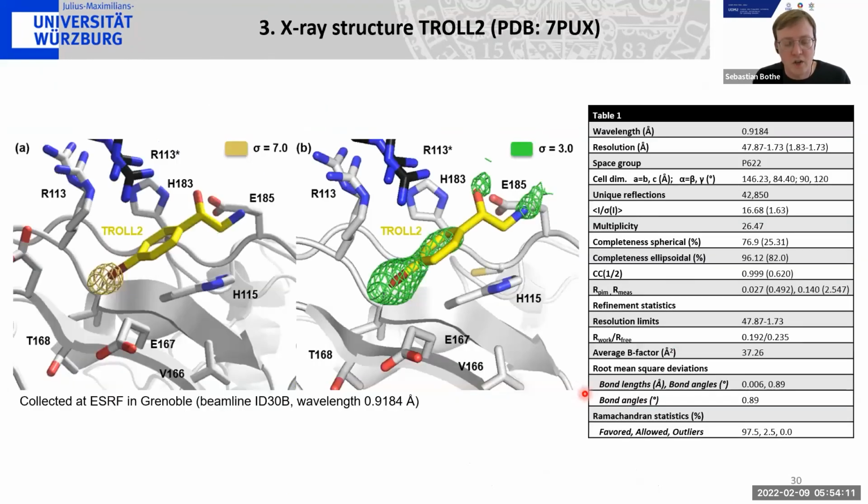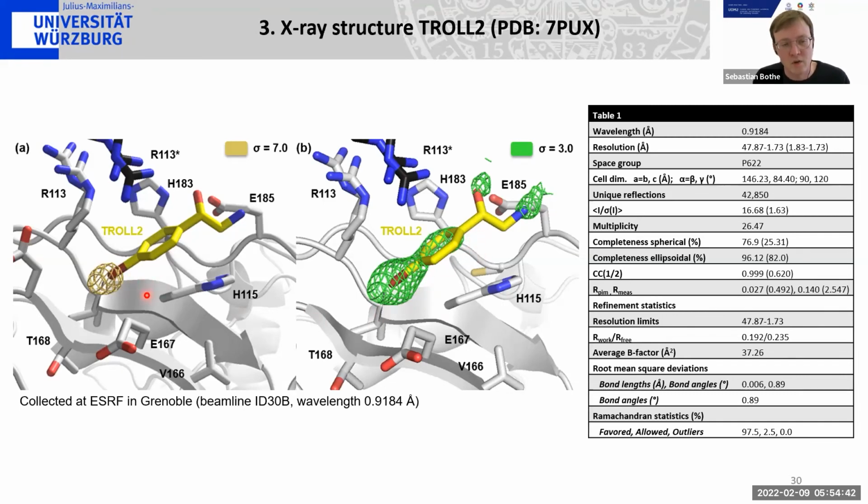In parallel, of course, we also tried to crystallize the fragments, and we found good conditions for the ND1 construct of p97, and in co-crystallization experiments, we could then identify TROL2. Okay, the density is only partial, and if we did not have the anomalous signal of the bromine, I would not trust the densities.